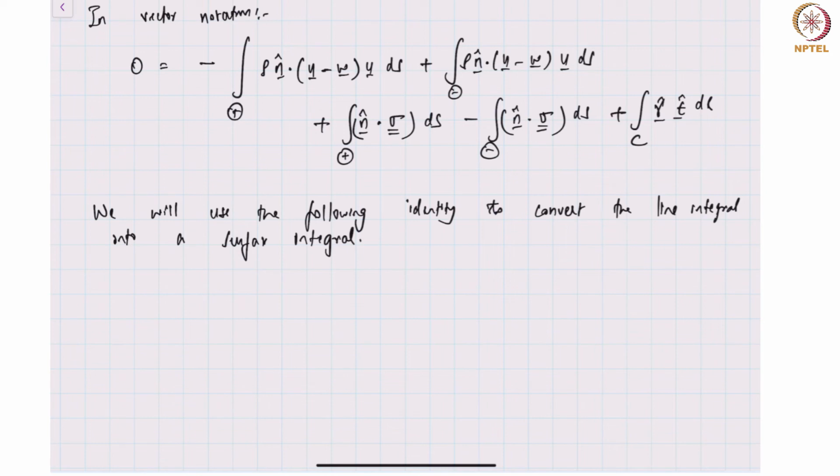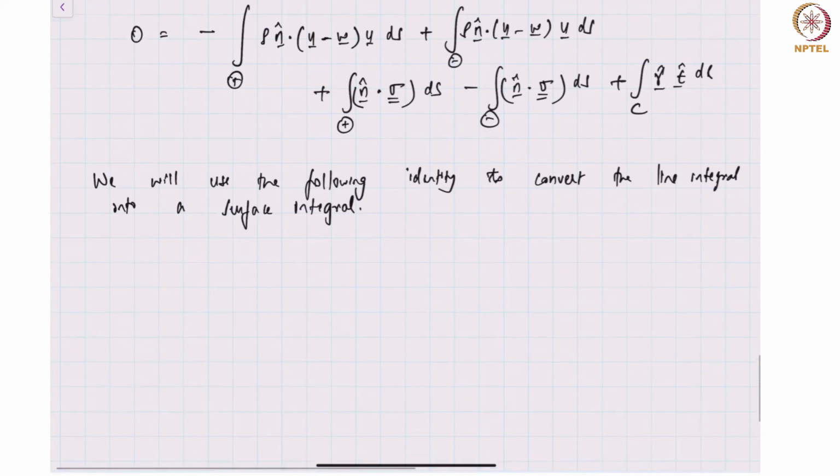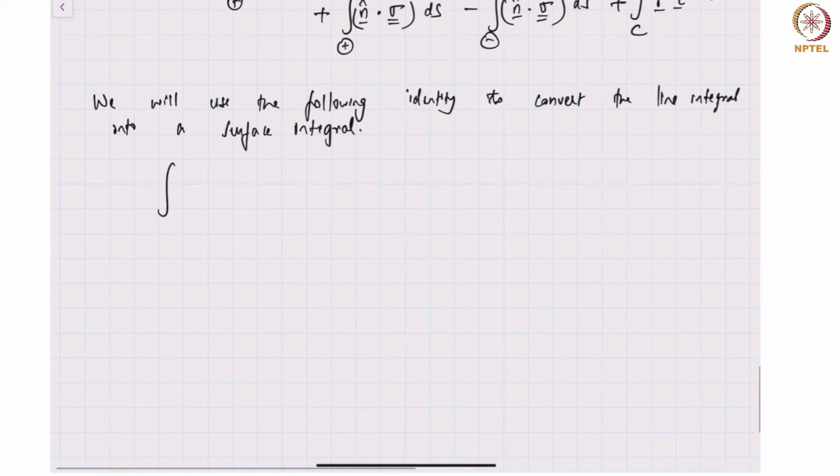I won't be deriving this identity step by step as part of a regular lecture, but I will be providing necessary material where the derivation is shown. So what is the identity? This is basically the identity of surface tension dl, which essentially becomes a surface integral.